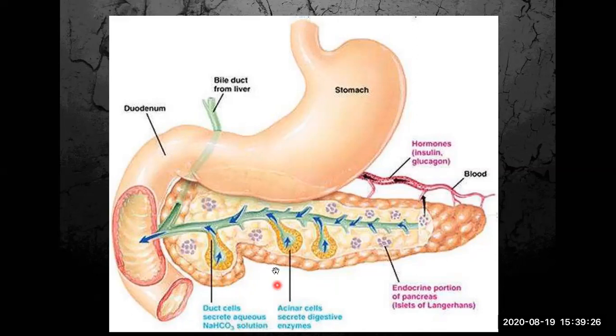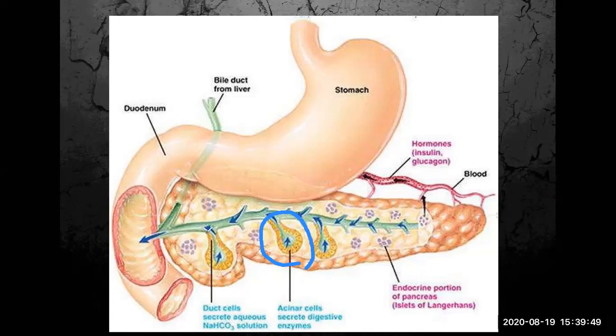Now, for insulin, you can see this picture. In this picture, you can see that acinar cells are there. This is the exocrine part of the pancreas. These acinar cells release the enzymes, and we have other cells also that secrete sodium bicarbonate.